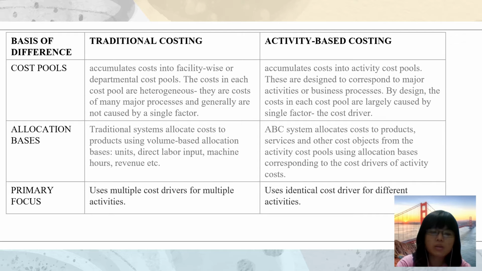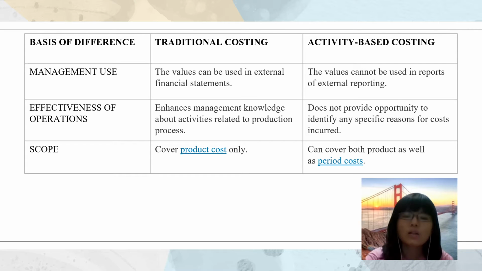Although activity-based costing is also used for cost allocation, it adopts a different approach. Under activity-based costing, appropriate cost drivers are determined for every different activity, and cost is then allocated according to these cost drivers. The fourth difference is about the management use.